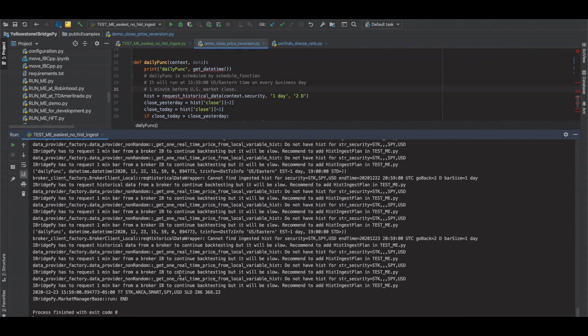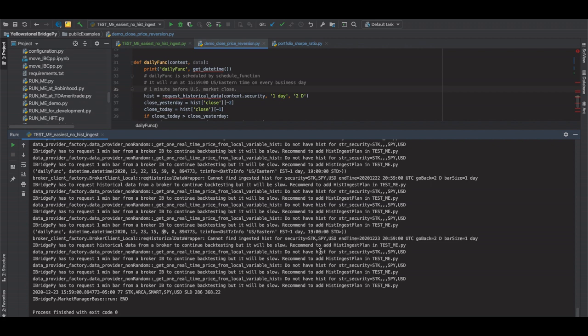And the reason for that is the transaction in this strategy happens 1 minute before the market close. You can see the function is triggered at 3:59 in the afternoon.